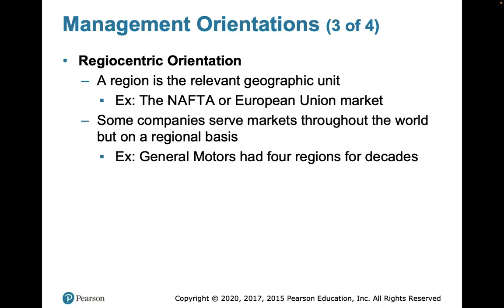A regiocentric orientation has to do with the region, and what their rules and regulations are. For example, NAFTA, the European Union market, ECOWAS, the Economic Community of West African States.